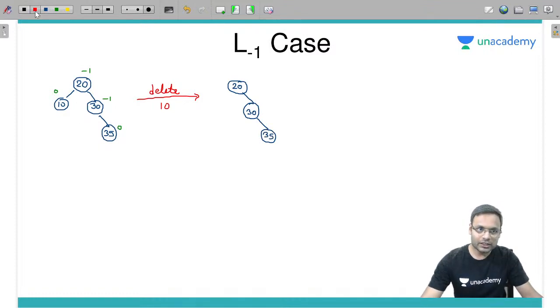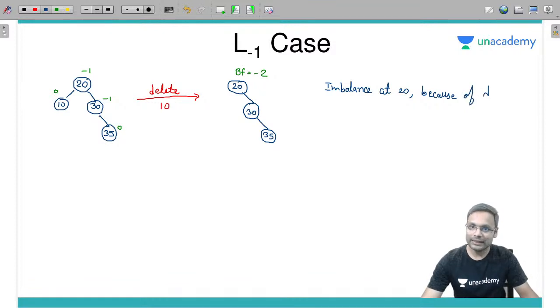Wherever you have deleted, its parent 20, you just check the balance factor at 20. Balance factor at 20 is 0 minus 2, which is minus 2. We have imbalance at 20. Why? Because of deletion.